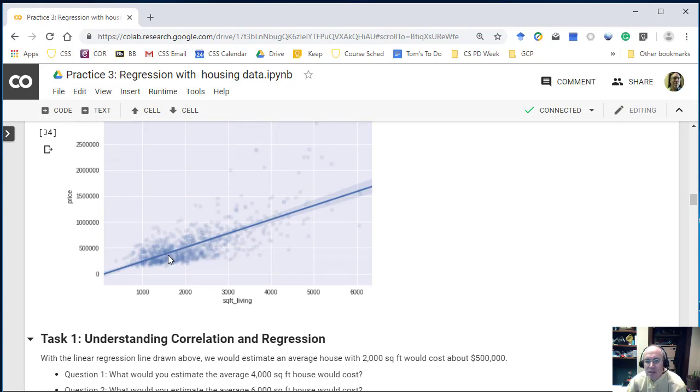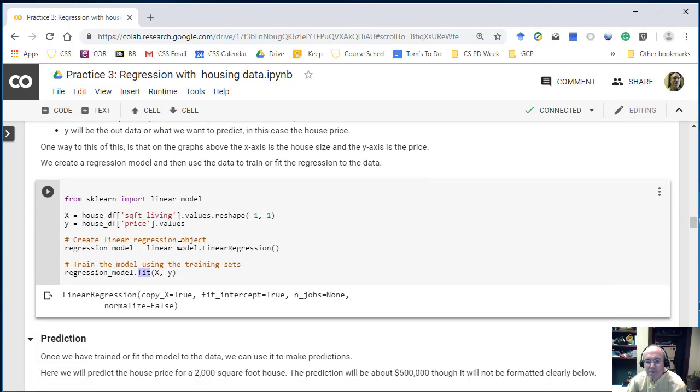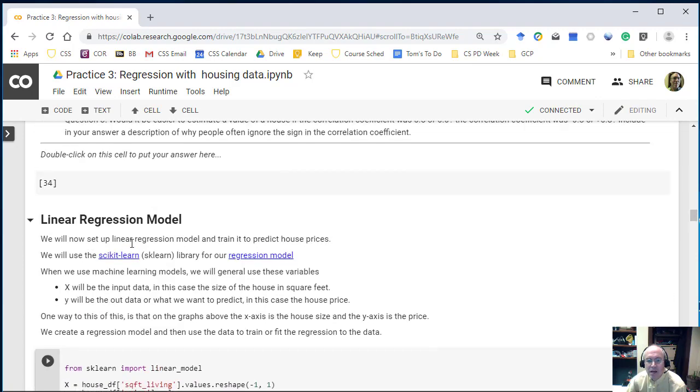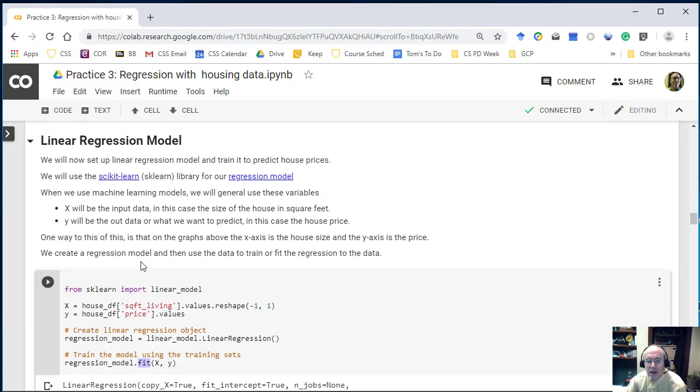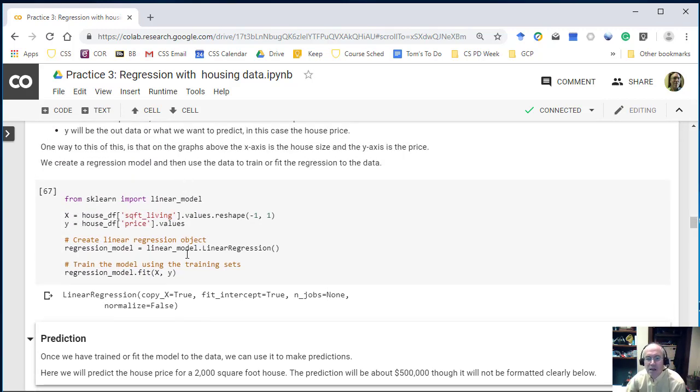So in this data set, there's 1,000 data points. It has to find what's the best fit for that line for those 1,000 data points. So this might take a little bit to run here and work. So if I run this, again, it takes a little bit to find that. Again, if we were using the full data set with 20,000 data points, it would take even longer to run for that.